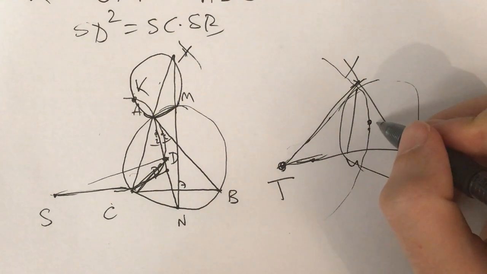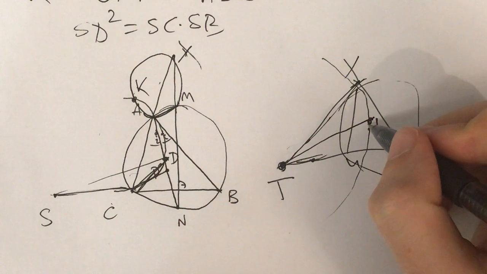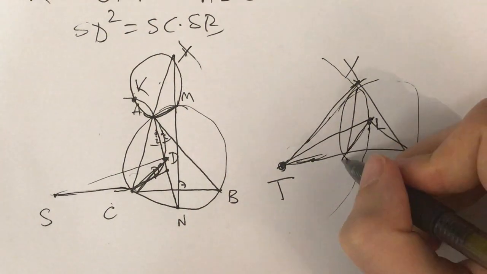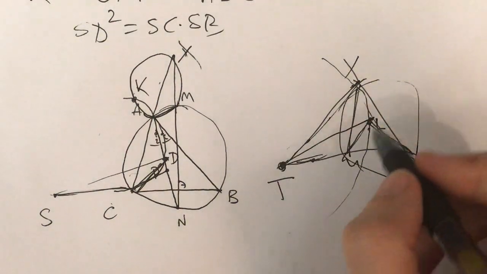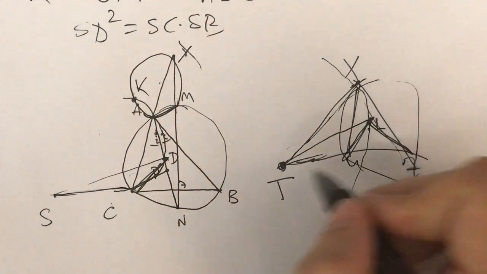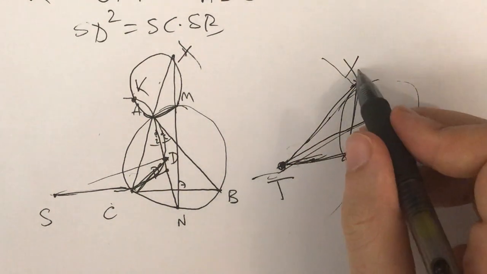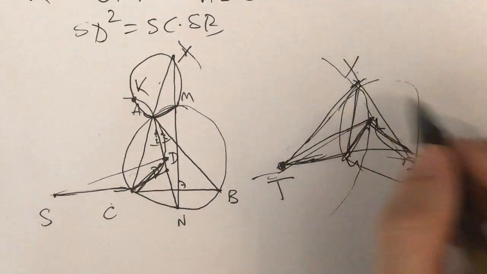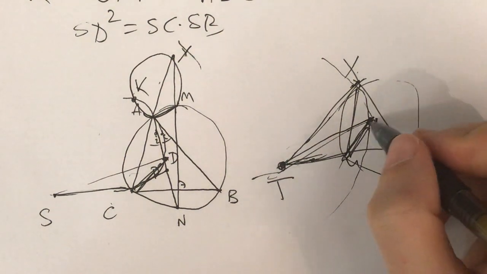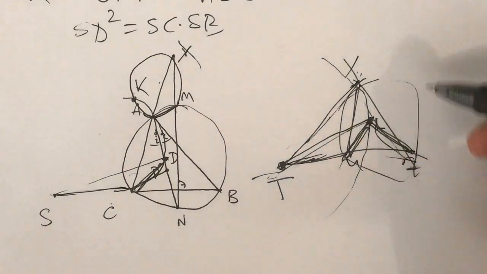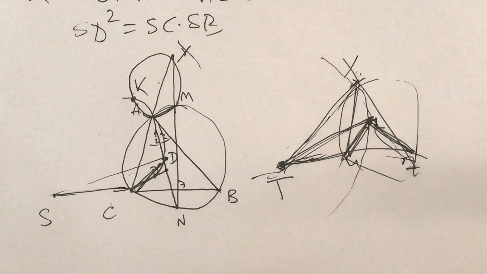If you take any point on this circle, take this point L, such that TL is Tx, then what you can prove is that Ly over Lz is xy over xz. And this is just through similarity, like this over this, you get over these two similar triangles. So the same thing holds for every one of them, but you can also prove the converse. If Ly over Lz is xy over xz, then you also have that TL is Tx.